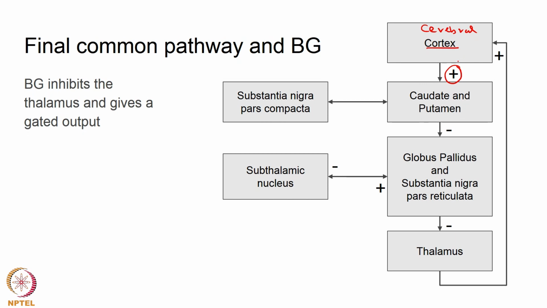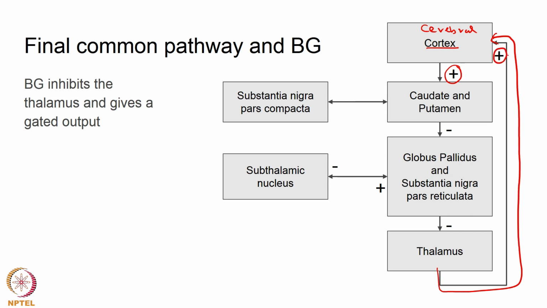These are called the internal and external segments of the globus pallidus. These have distinct functions. So, the internal nucleus actually acts as the output structure. What it does is it tonically inhibits thalamocortical neurons. So, from the thalamus there are neurons that activate the cortex.